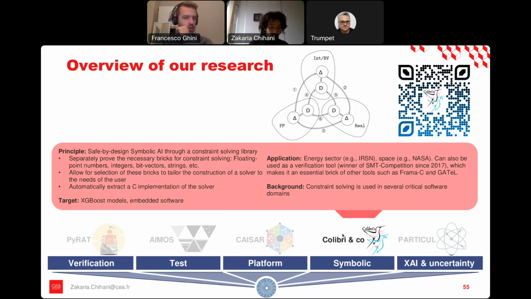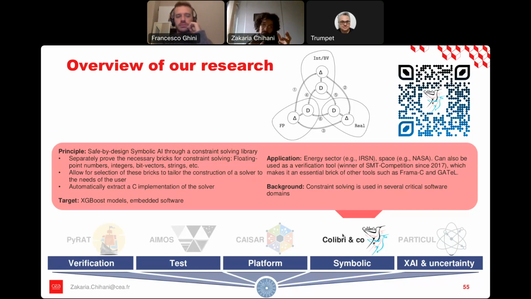chosen on purpose. It's because you can also, for an industrial partner, for example, who only uses floating points, that isn't interested in integers or bit vectors or real numbers or uninterpreted functions, etc., they can pick the type of data that they need, for example, floating points, and then they take the domains, the propagations, labeling methods of floating points, and then only extract the solver that is specialized in floating points, which will be a smaller solver.